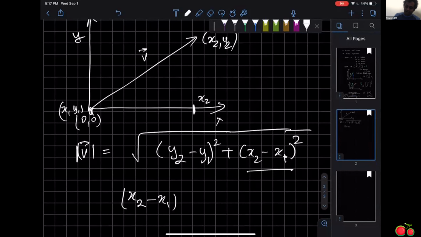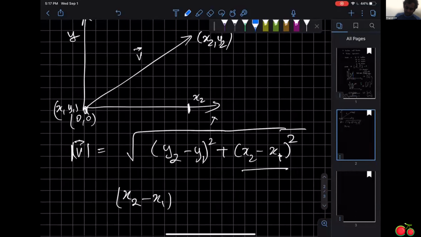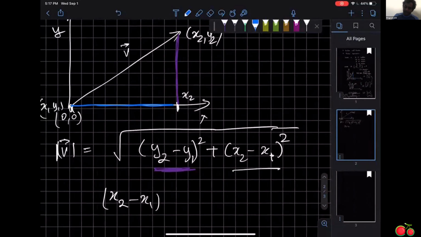So I care about this difference, and then I care about this difference, y2 minus y1, which is what this is. And then x2 minus x1 is just this, right?